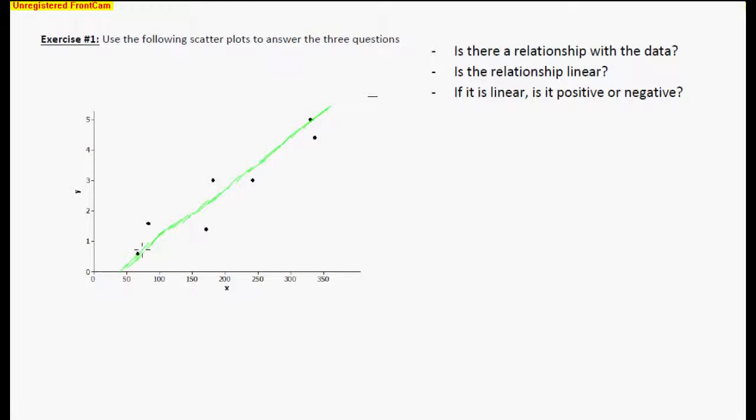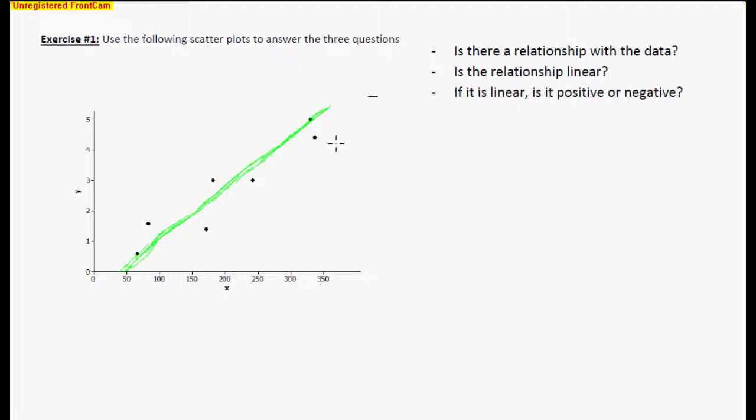Notice I've touched this point and this point, and I've got 2 points above the line and 3 points below the line. That would be a pretty good estimation of the general flow of these points. If you want to say, is there a relationship with this data? Well, I would say yes, because you can draw this line of best fit in here, and it makes sense with all of these points.